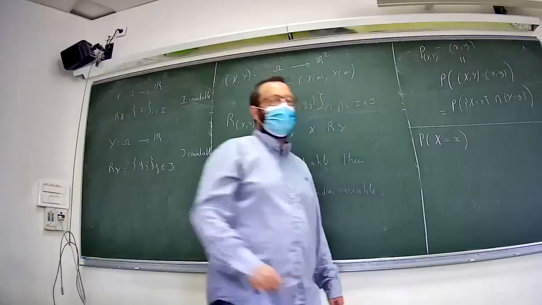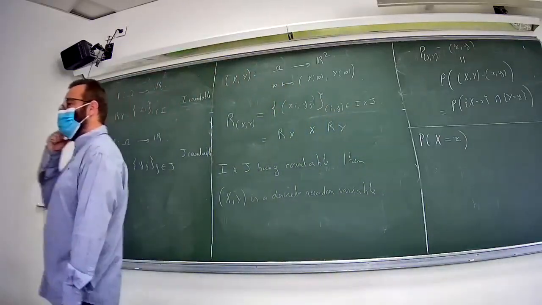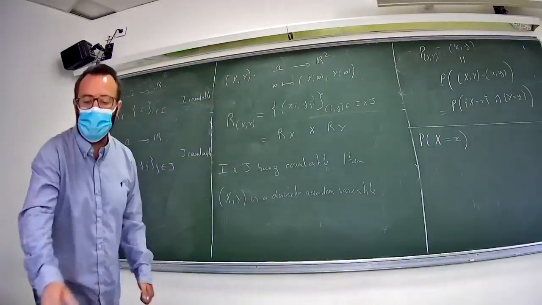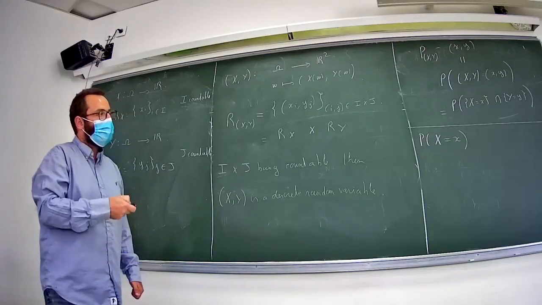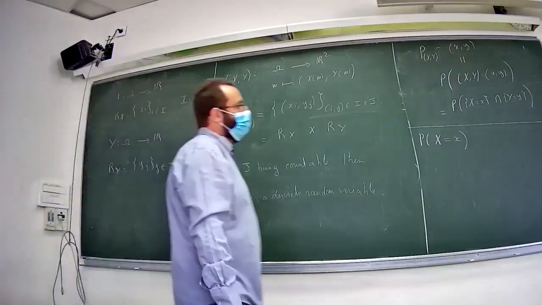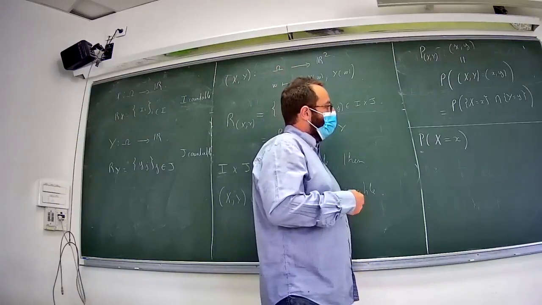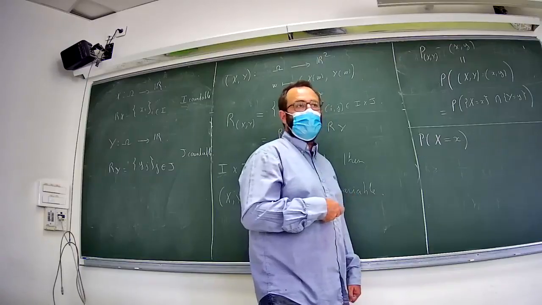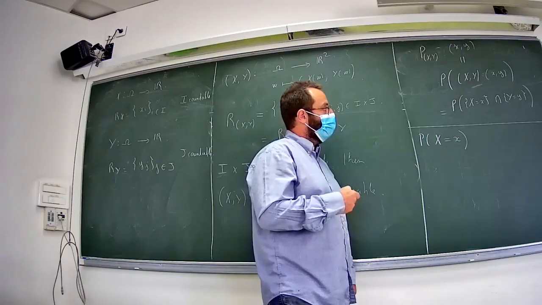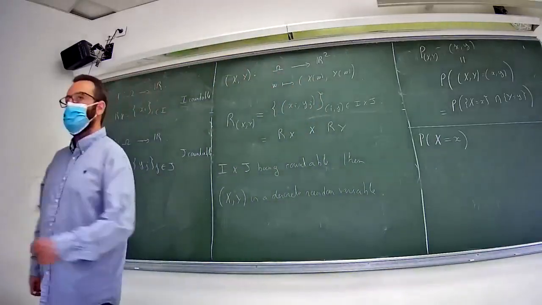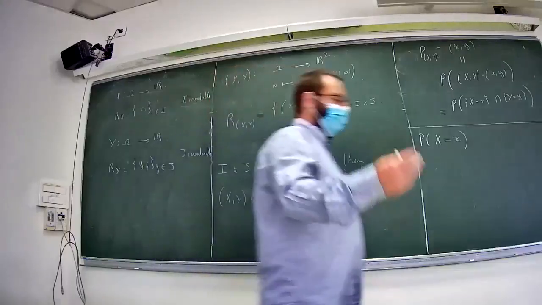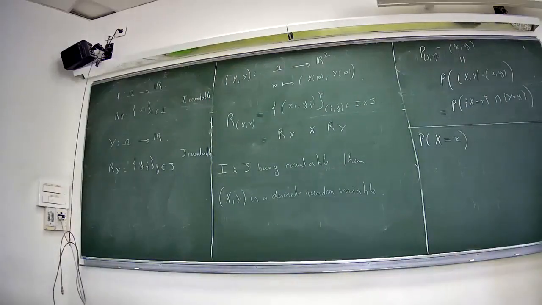I want to obtain the probability mass function of capital X from the knowledge of all these probabilities here. You can see this as the law of total probability, or also just a consequence of the sigma additivity.